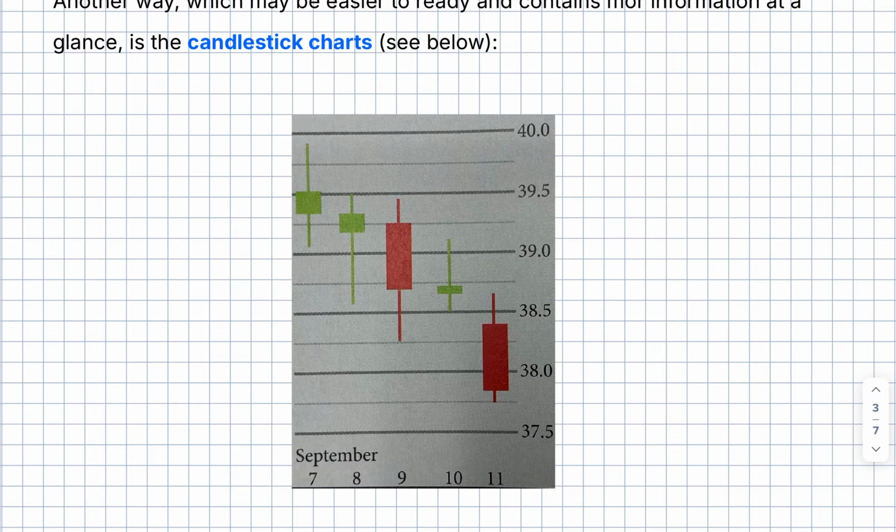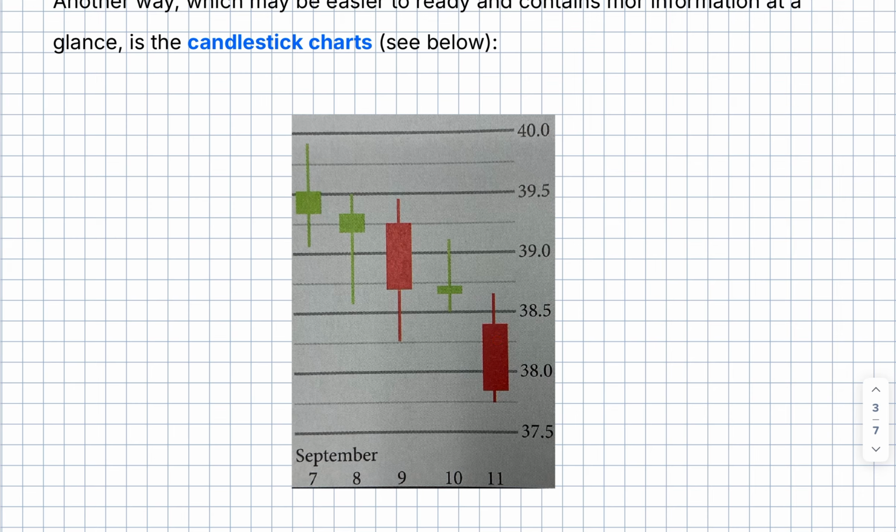When it is green, it means that the share of that stock closed at a higher value than when it opened. Okay, so that's a good thing. You want the value to go up. However, if it is red, that means that the share of that stock closed lower in price than it did when it opened. So we want to avoid reds, obviously, okay?